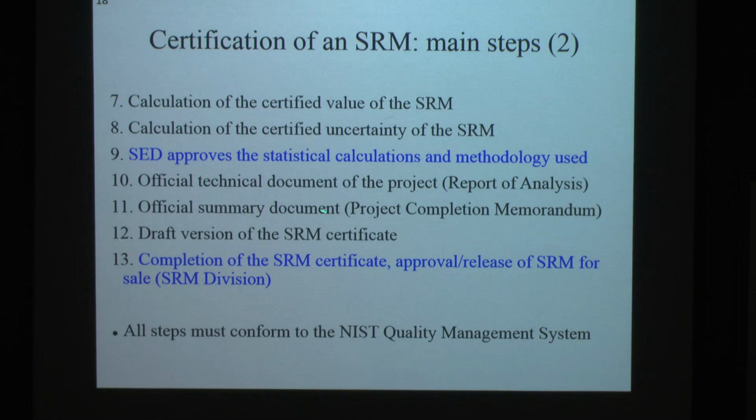And then there's a summary document called a project completion memorandum that summarizes all the work done, including the appropriate reports from SED and any other divisions that had input. Then we write a draft version of the certificate, and then that is submitted with the whole package to the SRM division. They approve the final certificate, and then we calculate the price, and it goes out for sale.